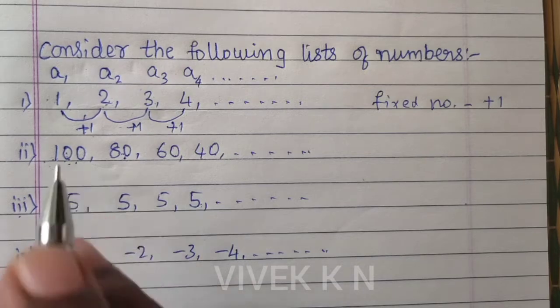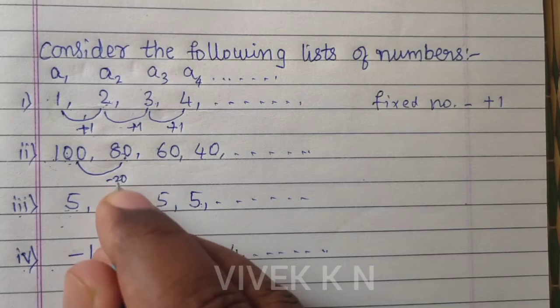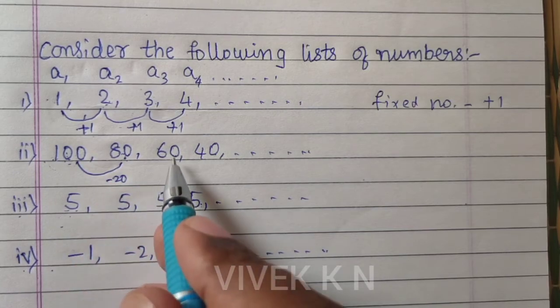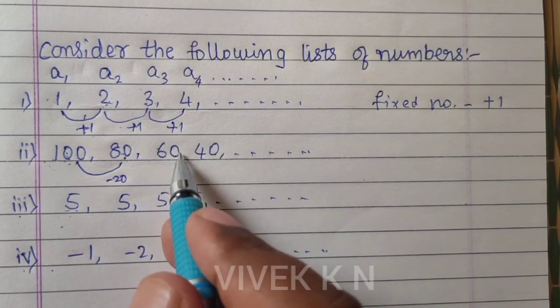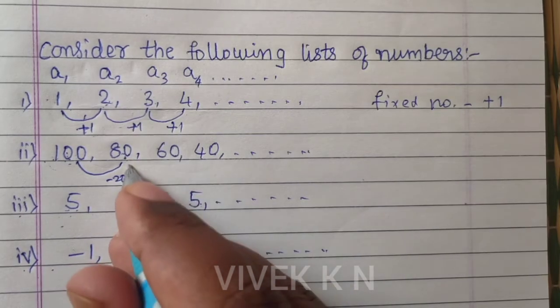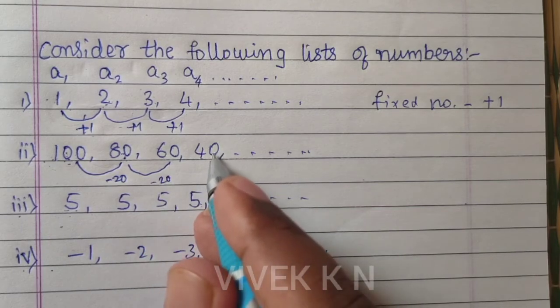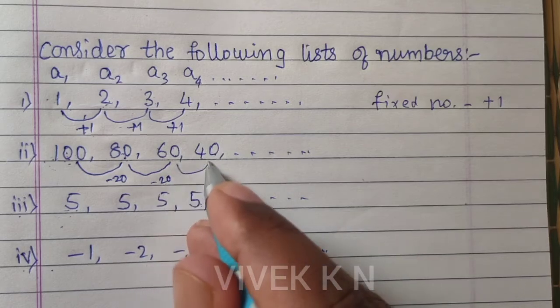In the second sequence, except the first term, the second term is obtained by subtracting 20 from the first term, that is -20. Next, the third term is obtained by subtracting 20 from the second term. The fourth term is obtained by subtracting 20 from the third term.